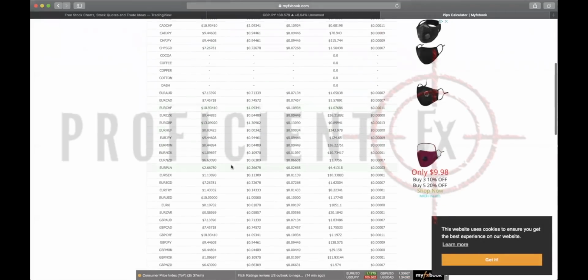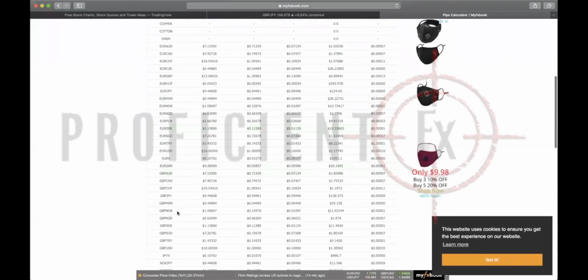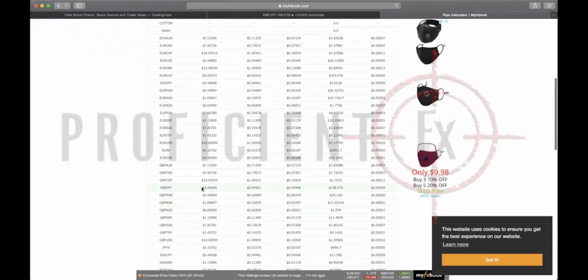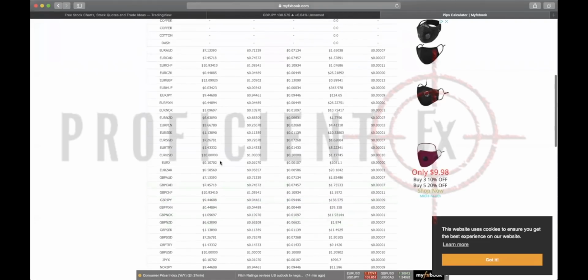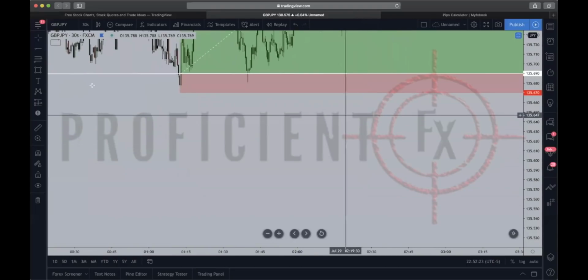So we're trading this setup on GBP JPY. So right here, okay, so it's 9.4. So let's just say it's $9.45, okay? So as you know, not every currency like Euro USD is $10 a pip on a standard. This is 9.45.